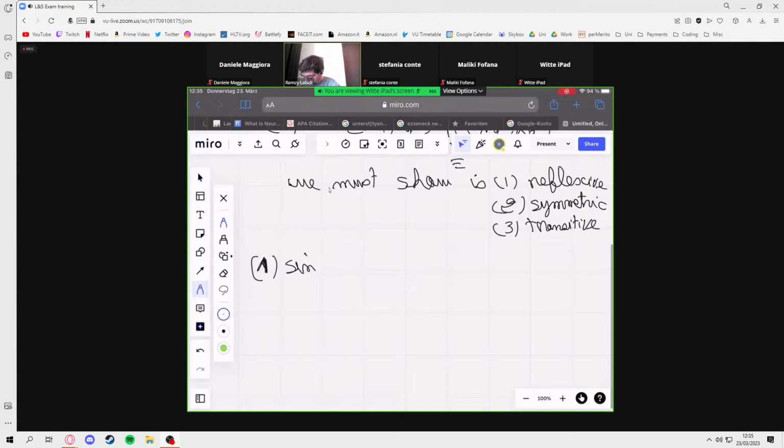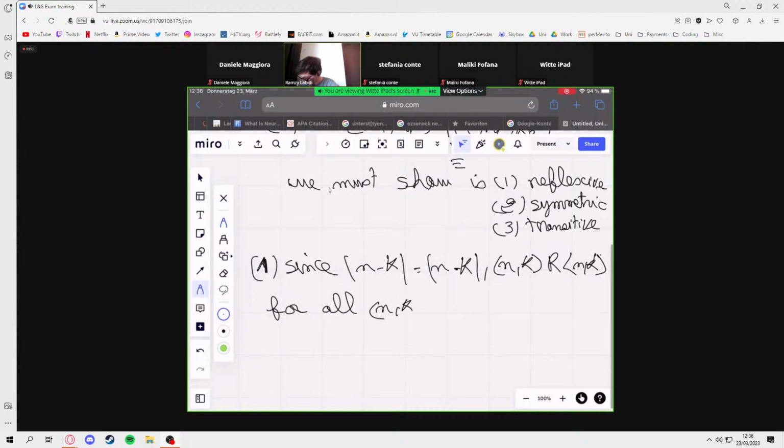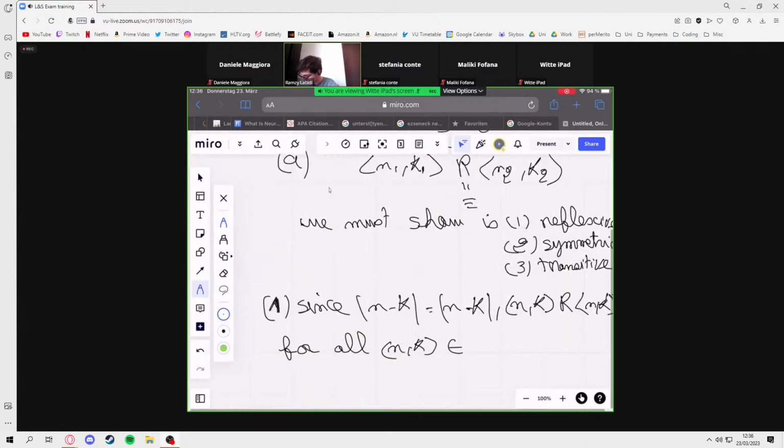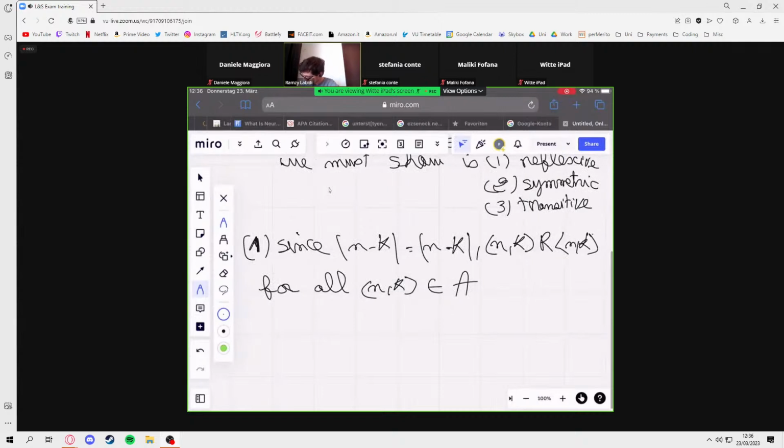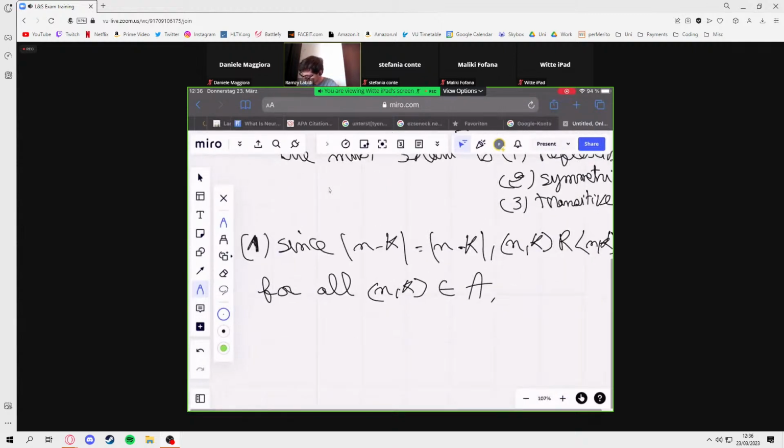So, since n minus k is equal to itself, you can say that (n,k) is reflexive for all n and k being part of our set A. So this literally is enough to prove that it's reflexive.